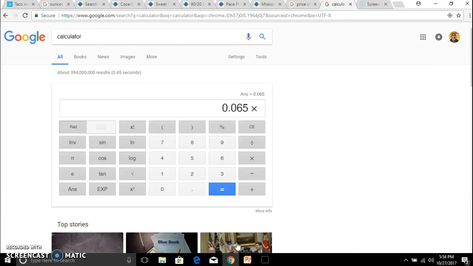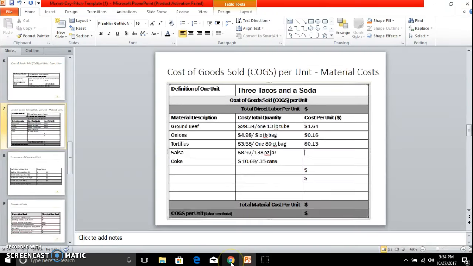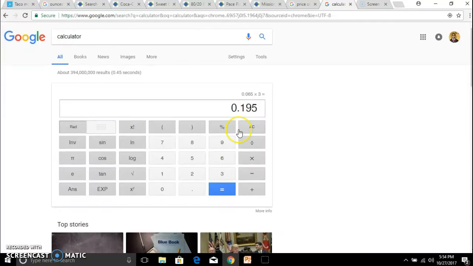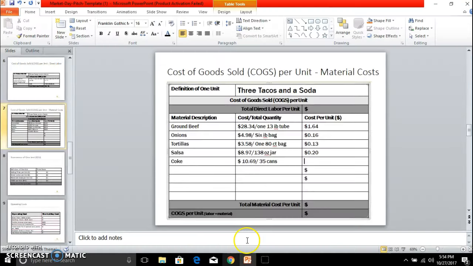Again, probably 1 ounce of salsa per taco, so we times this by 3, and we're looking at about 20 cents per unit. So that's just for the tacos, and now we're going to do the Coke. 10.69 divided by 35 is going to equal about 31 cents per Coke.